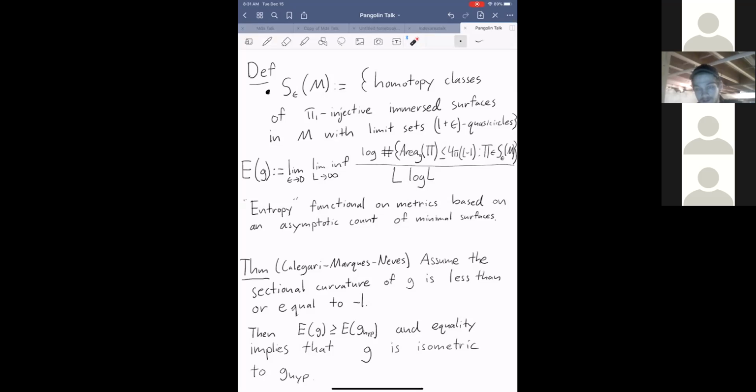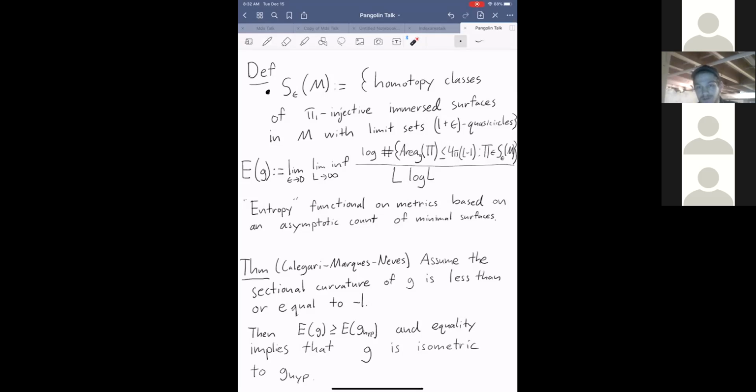And I guess there's a class of inequalities that tell you that if there's a locally symmetric metric, then that will be the metric that extremizes these asymptotic counts of geodesics, subject to curvature conditions on the Riemannian metrics you're looking at.